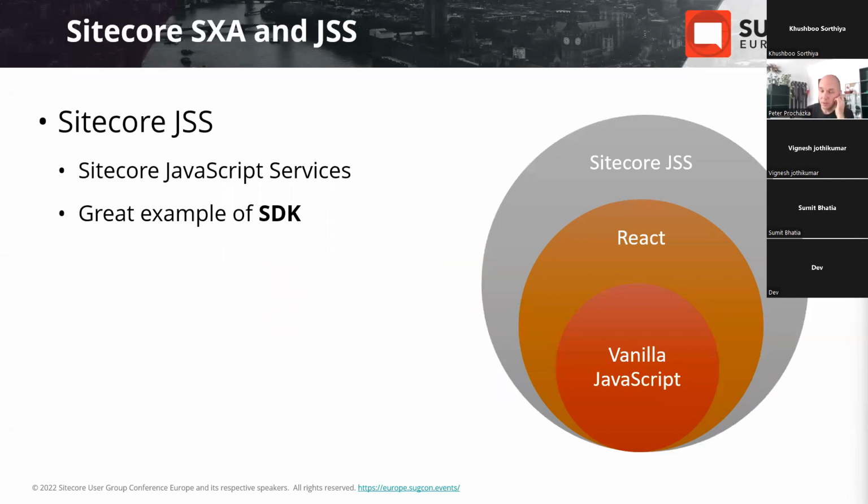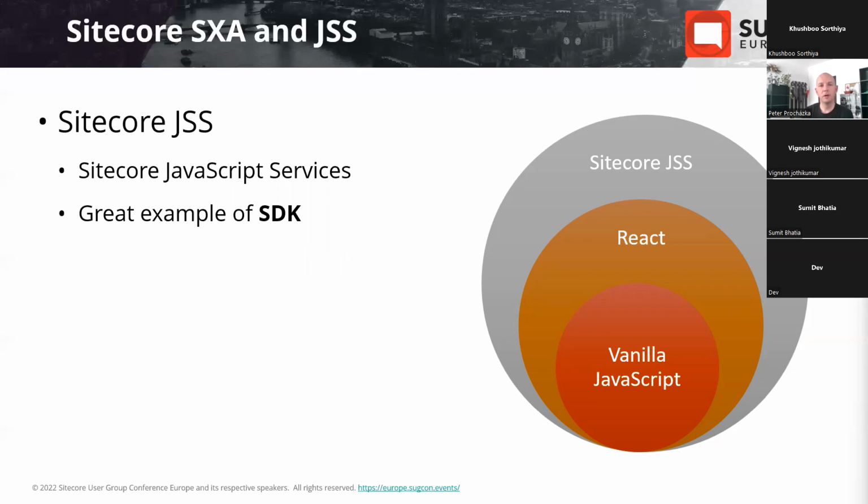So as we mentioned, SXA is a great example of a framework. Sitecore JSS is, I would say, a great example of an SDK, even though there's a thin line between framework and SDK, because JSS also has documentation on top of everything.